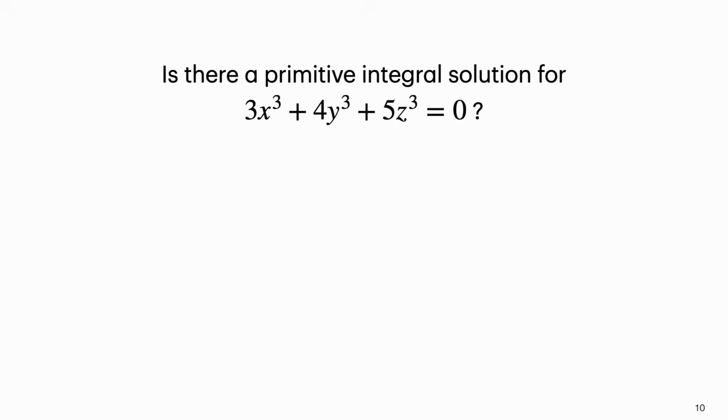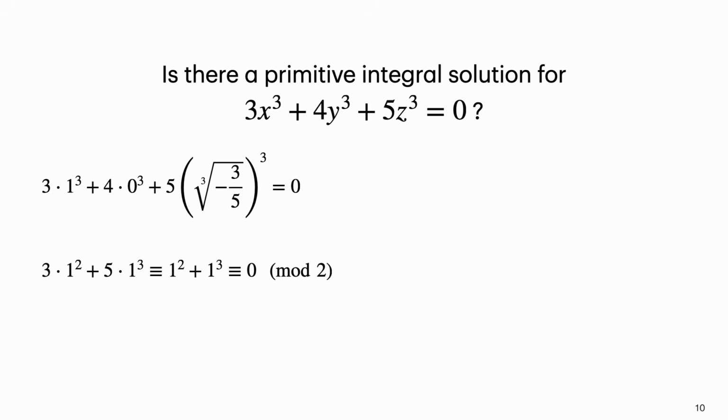That means we need to check if there are solutions mod p and if there is a real solution. So let's just start with the real solution. That one is easy. We get to take third roots of anything we want, and I've written for you one solution here. Then we go prime by prime, checking if there are solutions.